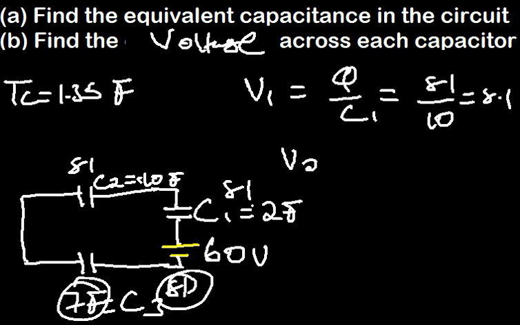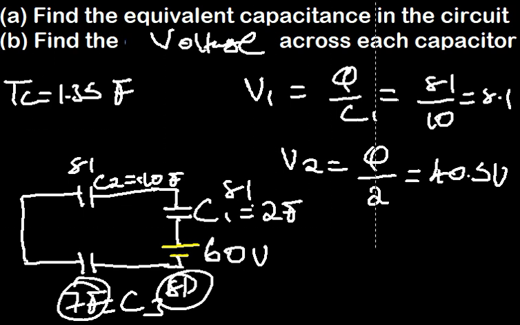Then the voltage across capacitor 2 is the charge divided by capacitor 2, which is 2. That is 81 divided by 2, which is 40.5 volts. And likewise, do the same with capacitor 3. So that's how we should understand it.